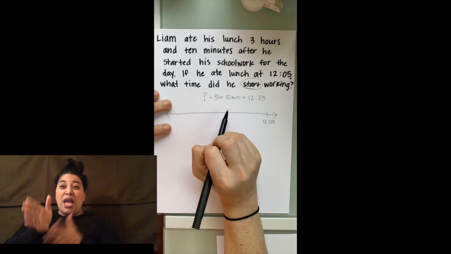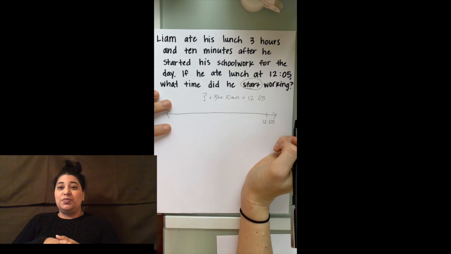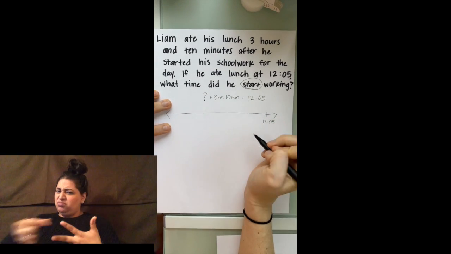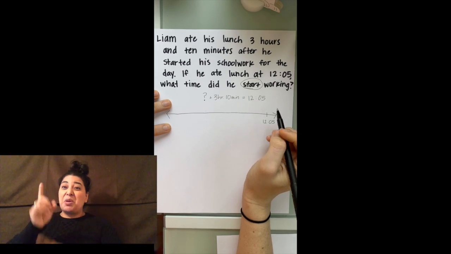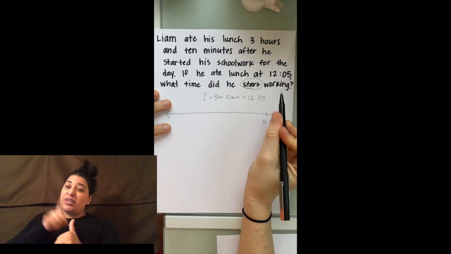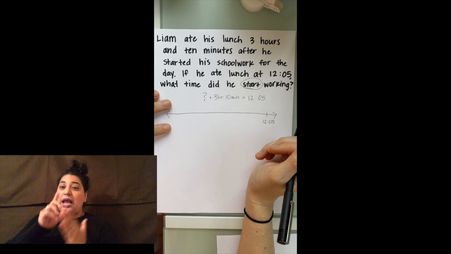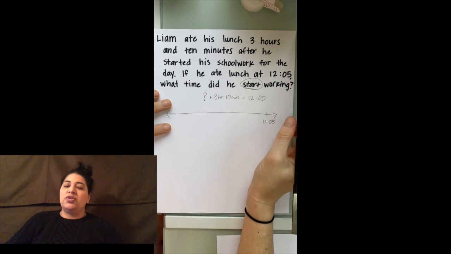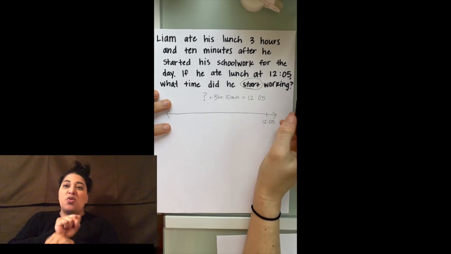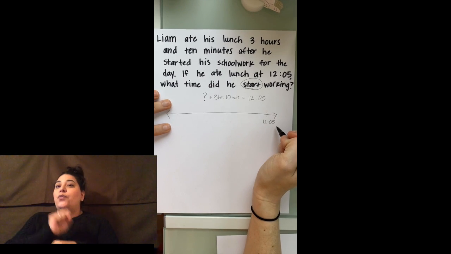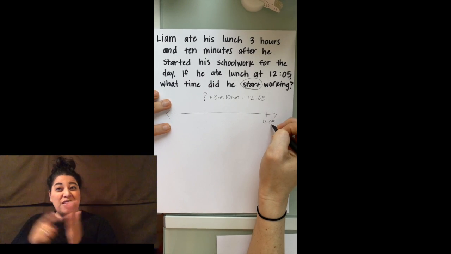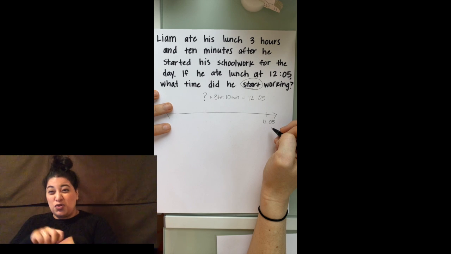There's a couple ways we could do this, and either way's fine as long as you pick what works best for you and how you're going to get the right answer. I prefer to take the minutes away first and then do the easy subtracting, which is just the hours, at the end of my problem. So I've already done the hard work and then I get to do the easy work. I noticed that I only have 5 minutes into the 12 o'clock hour.